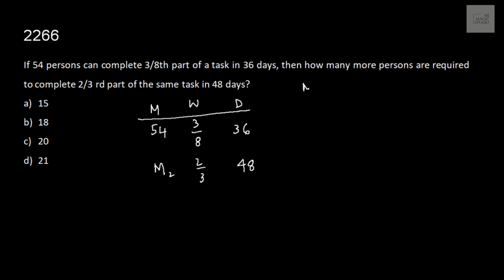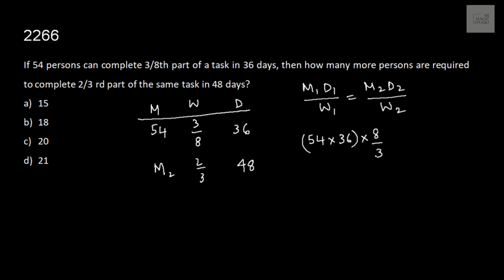That would be M1 D1 by W1 is equal to M2 D2 by W2, famously known as my MDH masala formula. So now we'll put in 54 into 36 divided by 3 by 8, that will be into 8 by 3, equals M2 into 48 divided by 2/3, that would be into 3 by 2.